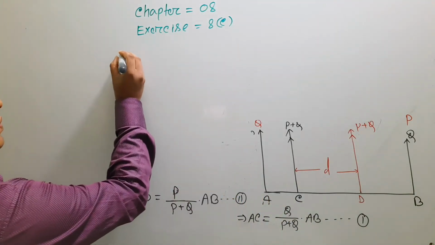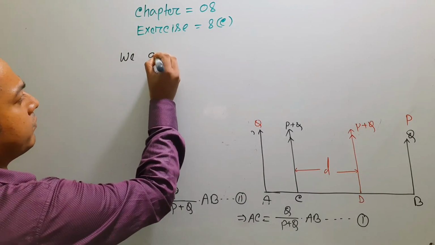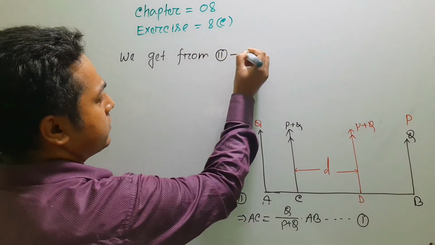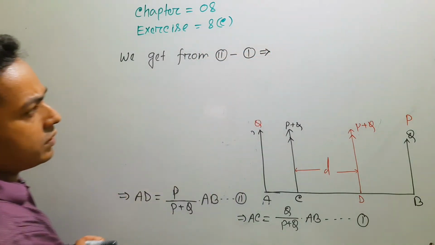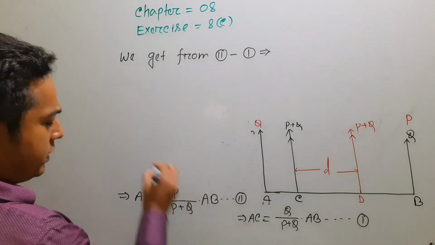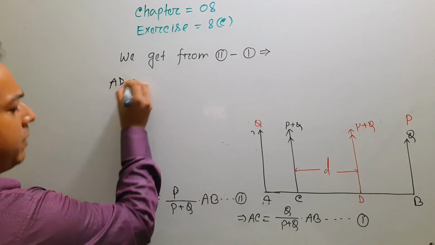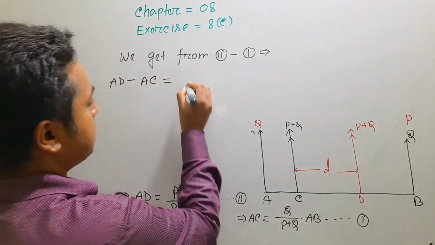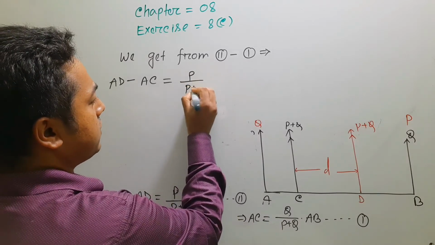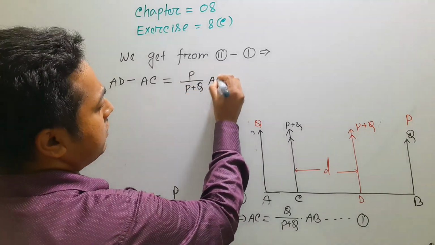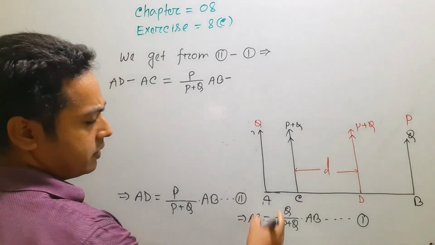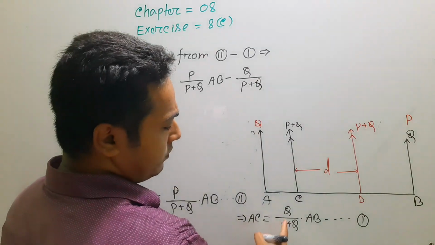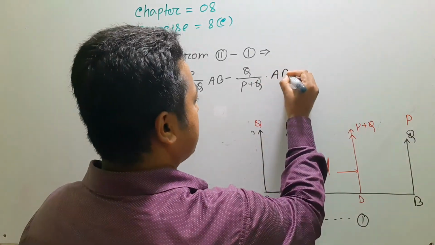So AD minus AC is equal to P divided by (P plus Q) into AB, minus Q divided by (P plus Q) into AB.